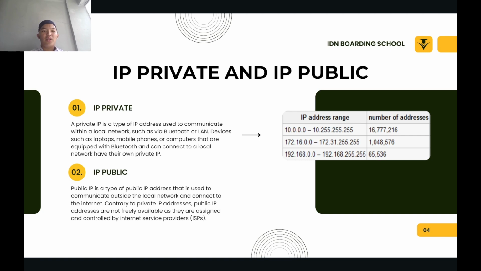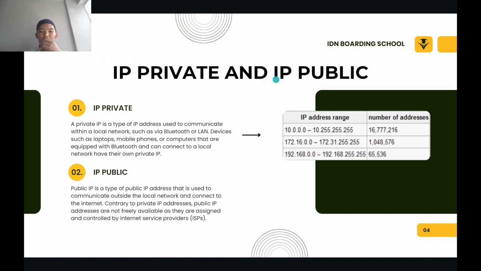So when you are at home and want to access that IP, you cannot, because it's a private IP. But if I at IDN want to access the website using the IP, I can, because I am connected to the IDN boarding school internet, which gives me a private IP to access the local network.